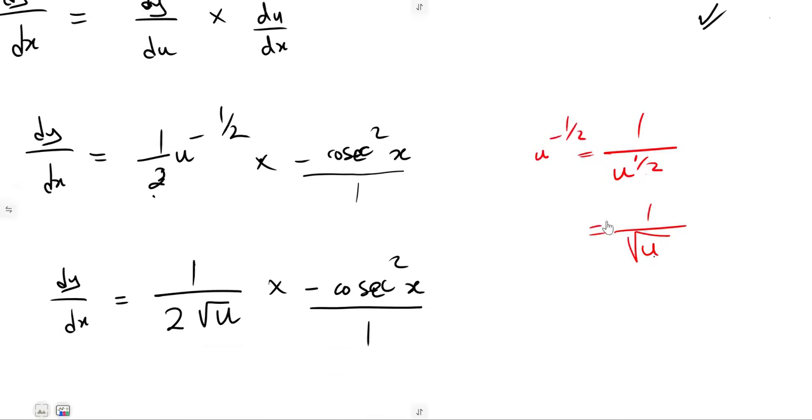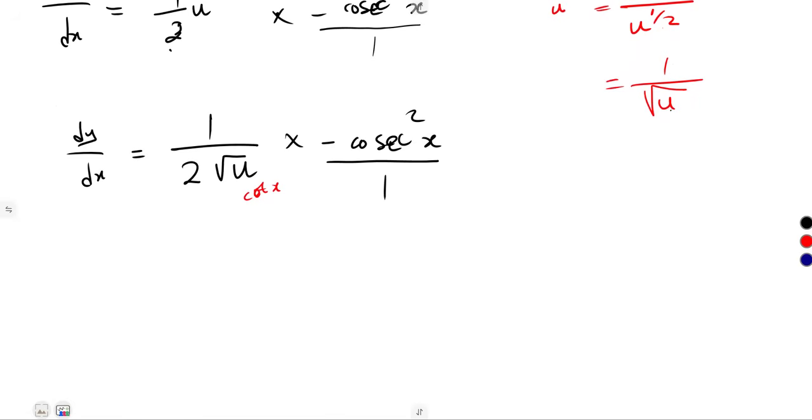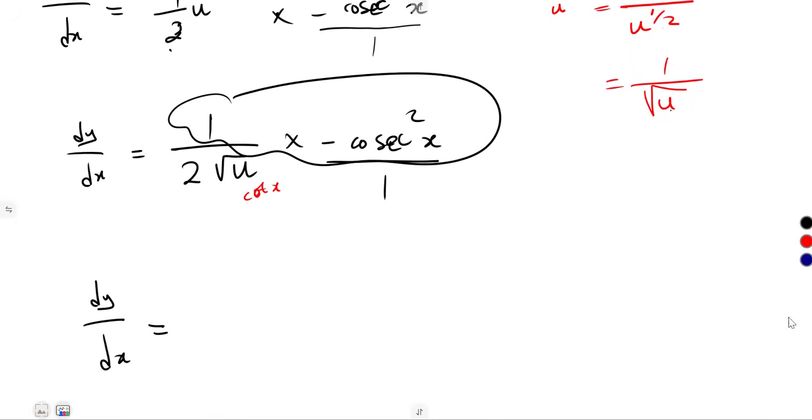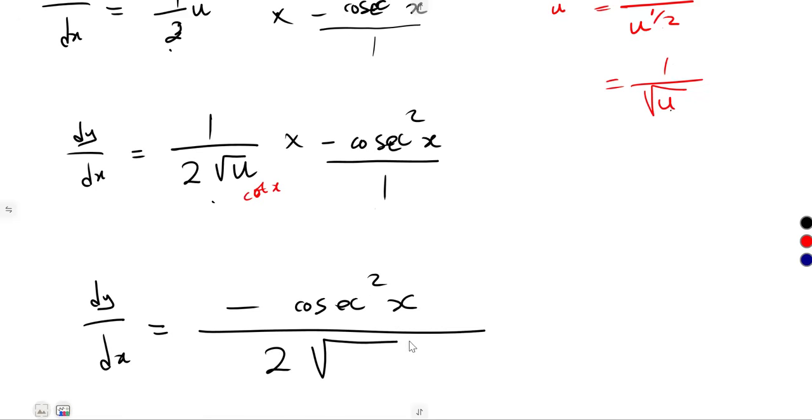So in place of u, you can substitute that one as the cot of x. As you are multiplying the numerator to the numerator, the denominator to the denominator, multiply the numerators together. Negative cosec squared of x over the denominator, which is this one times this one, is 2 square root of u, where our u is what? The cot of x.